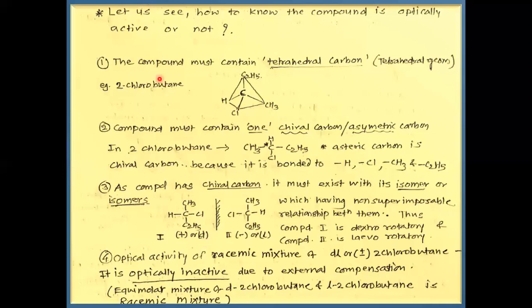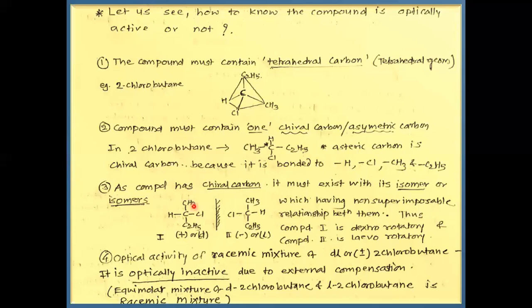So in this way, to discuss the optical activity, the compound must contain first at least one asymmetric carbon. Second point, it has tetrahedral geometry. That compound must show tetrahedral geometry. It has stereoisomers, which are object and mirror image, and their relationship is non-superimposable.